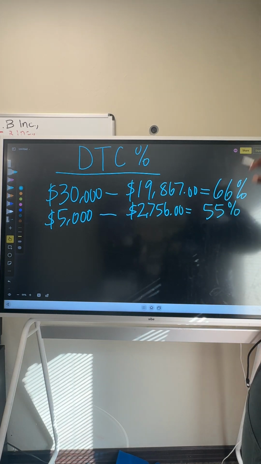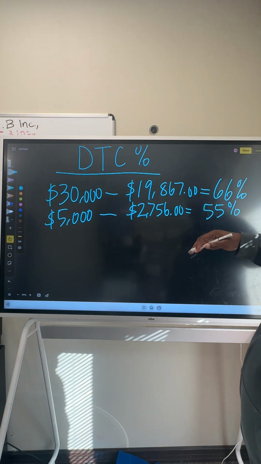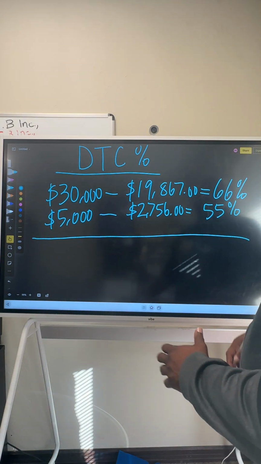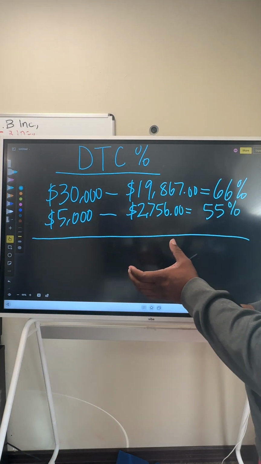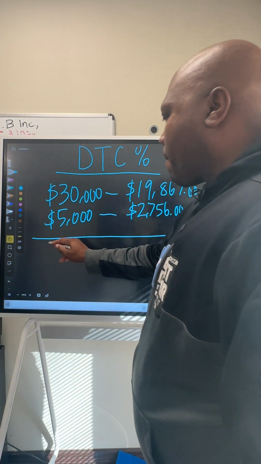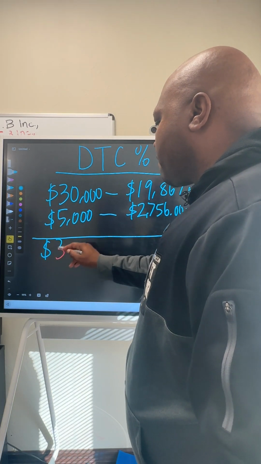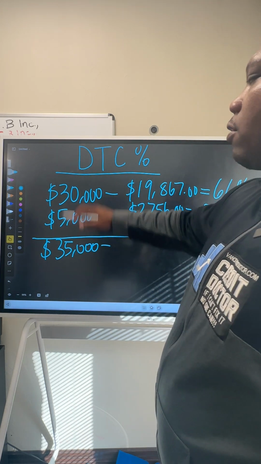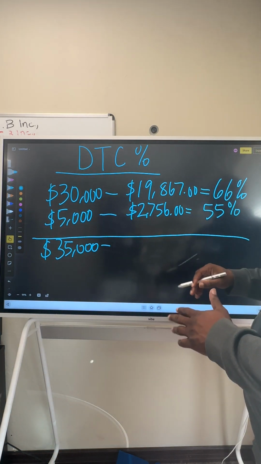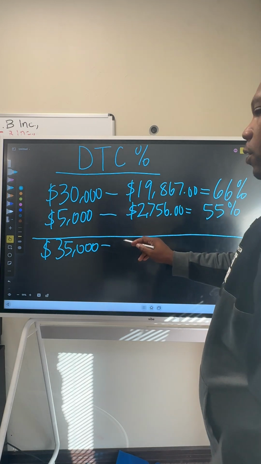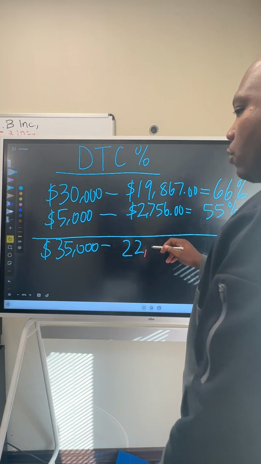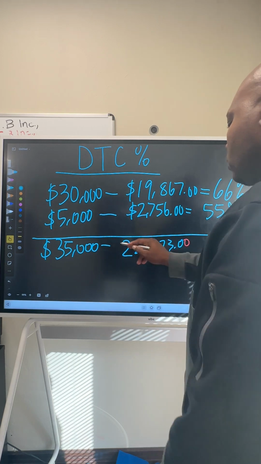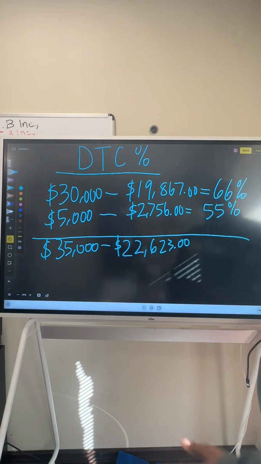Now what you do is add the limits up. So that's 35,000. Then you take the two balances and add them up, 22,623.